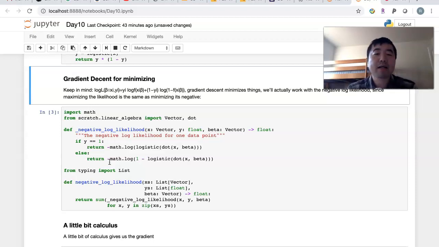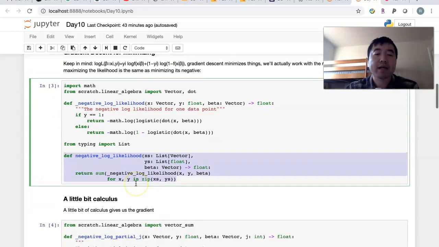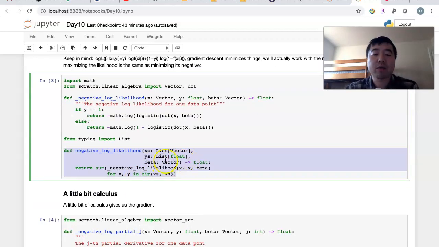Keep in mind, in part 1 we described the log likelihood, and maximizing that is the same as minimizing the negative log likelihood. So here is the implementation. This is a function that calculates the negative log likelihood for x, y, and beta.